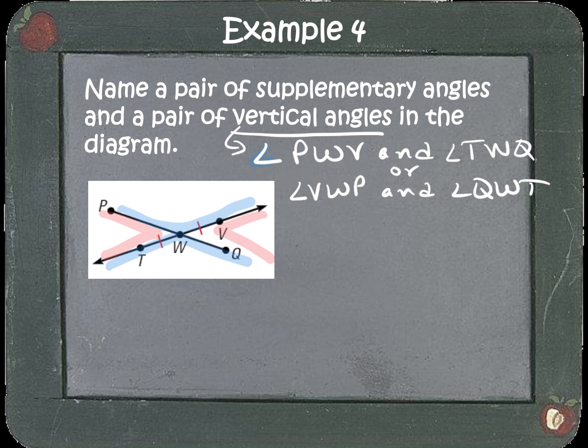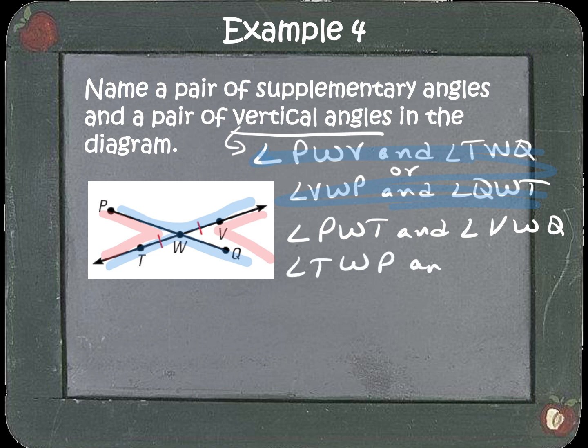These are the blue ones. And then we have the red pair. So again, we can use PWT along with VWQ, or in reverse, so TWP along with QWV. And these were the red vertical angles.